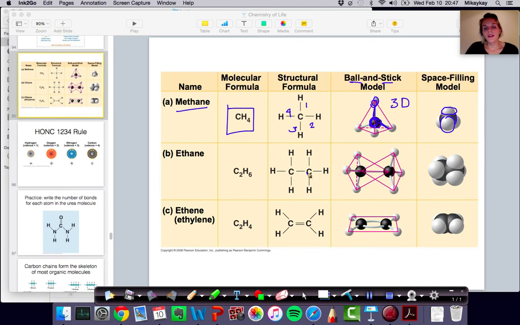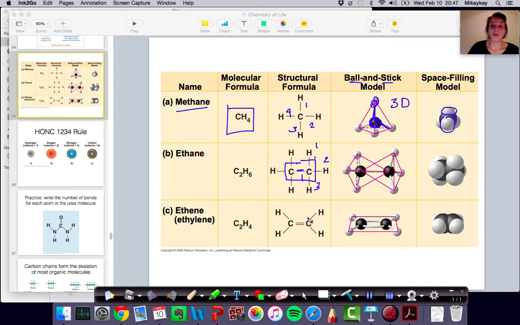But carbon doesn't have to bond just with hydrogens, right? Carbon can bond with a lot of different things, including another carbon, right? So here you have a carbon that's attached to another carbon, so that's one of its bonds. It's 1 bond for each of them, and then they each are attached to another 3 hydrogens, right? Satisfying the octet that way. But it turns out that carbon can also make a double bond.